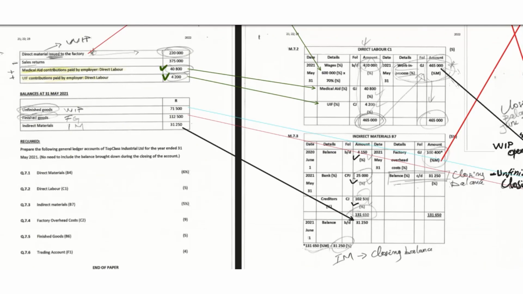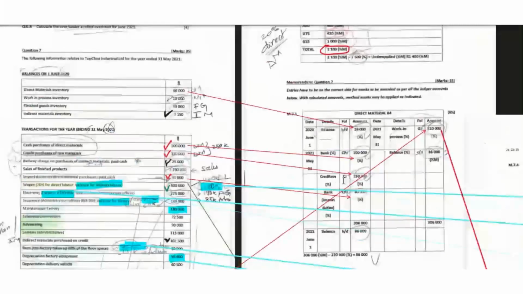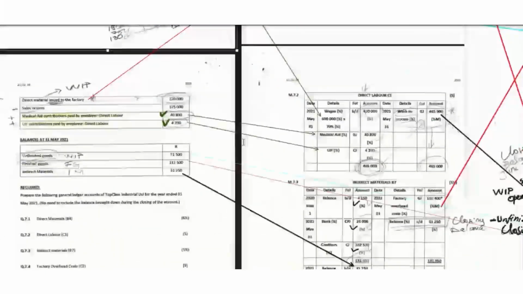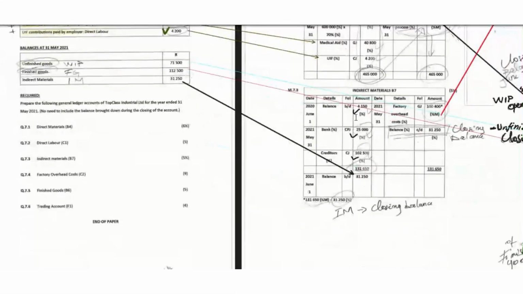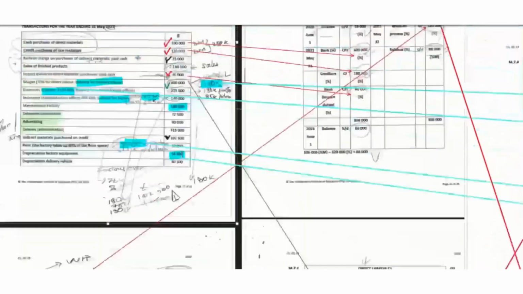Is there a balance? Always check. Is there an opening balance for indirect material? Yes, there is. As you can see on that first table, indirect material inventory, there is a 4,150. That 4,150 is the opening balance for indirect material. What else is indirect material?